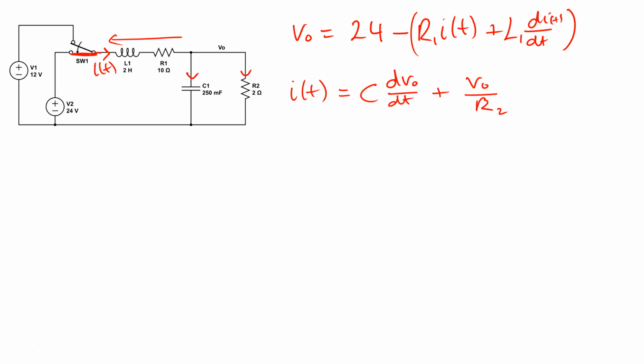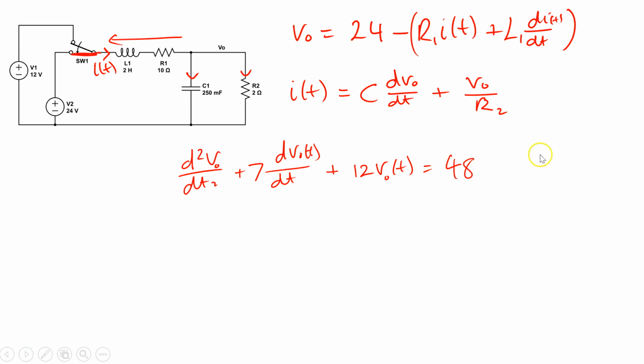If we combine these, substitute i(t) in here, differentiate it and substitute it here, then when I substitute all the values I end up with a differential equation: d²v/dt² plus 7 dV0/dt plus 12v is equal to 48.